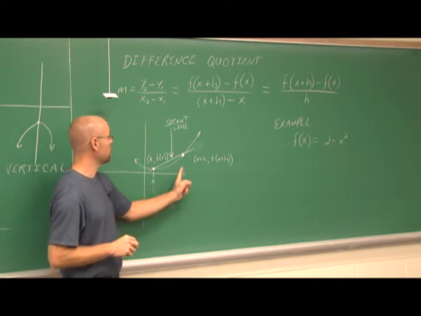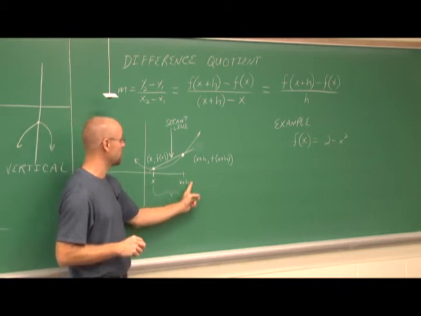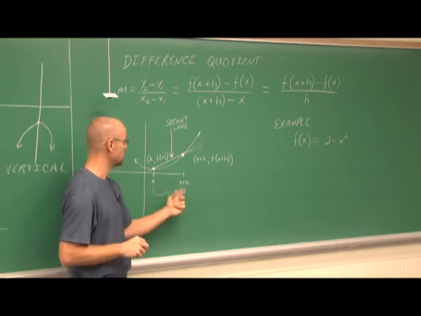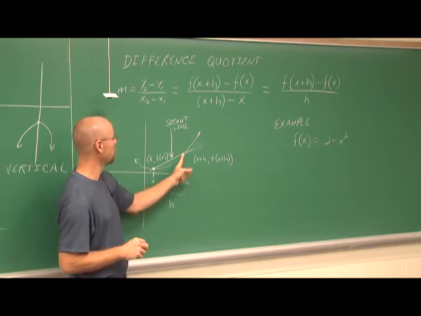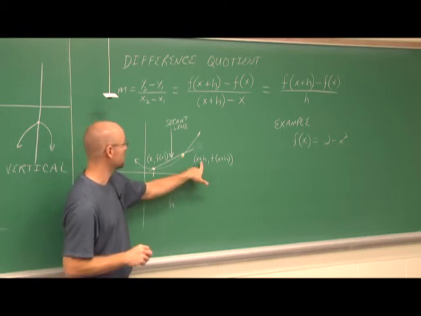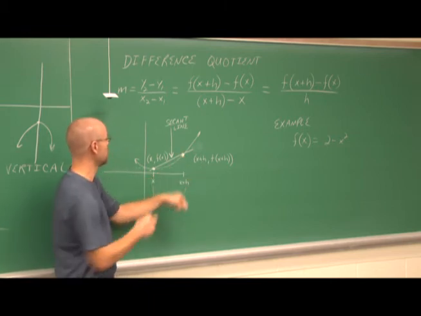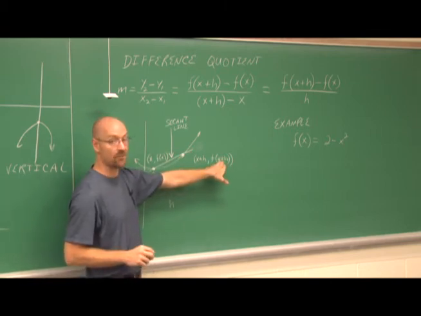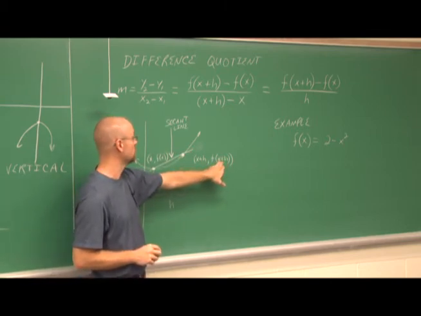And then I'm going to move further down the line here. I'm going to add some value h to it. This is the h distance. It's h more than x was. This is my new x value, x plus h right here. And that's going to give me a new y value, or f of that value we're putting into the function.